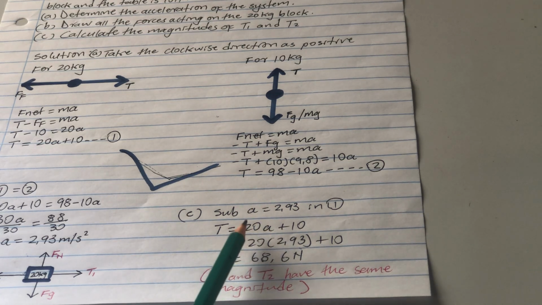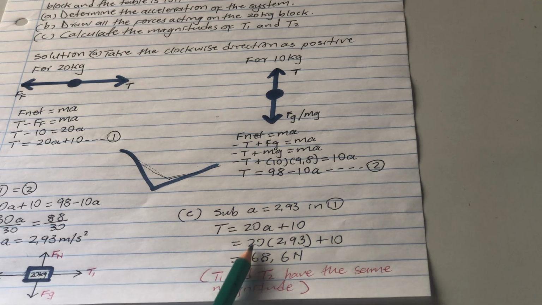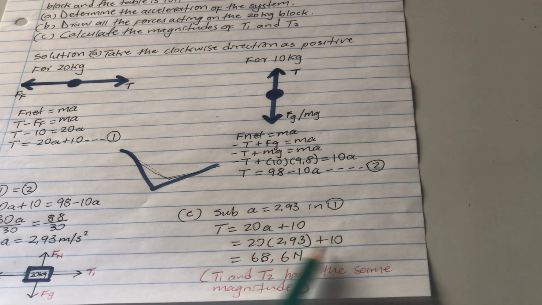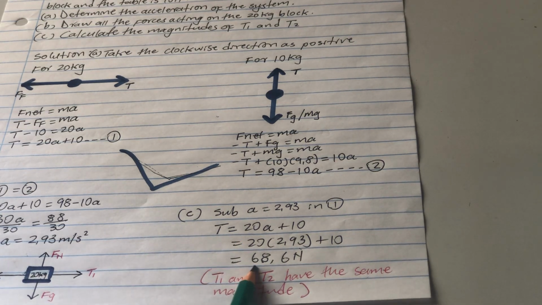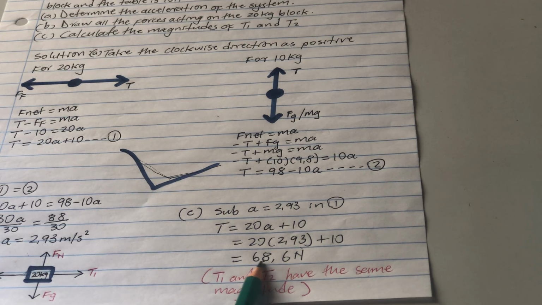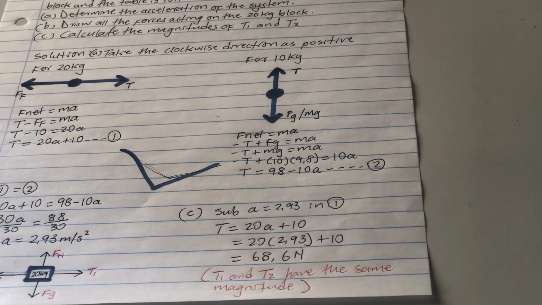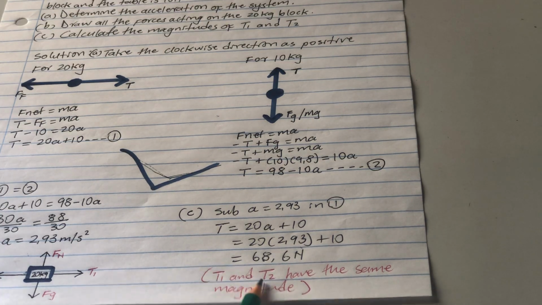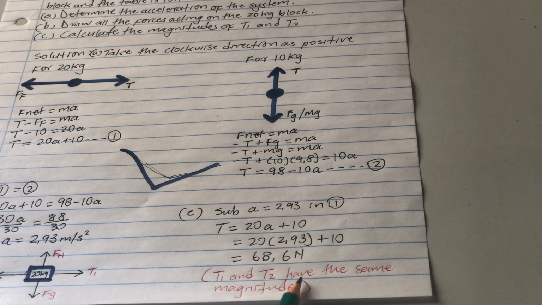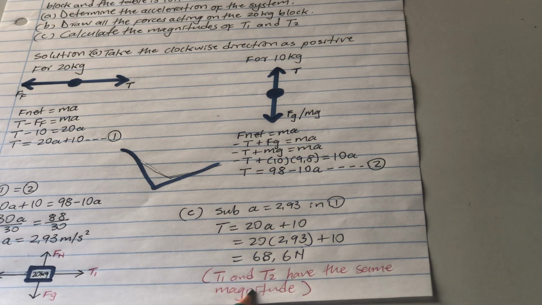We have calculated it in A. So what we have to do here is to substitute. Where there is A, I'll put 2,93. And if we use our calculator, at the end, the tension will be 68,6 Newton. You can see that I wrote that T1 and T2 have the same magnitude.